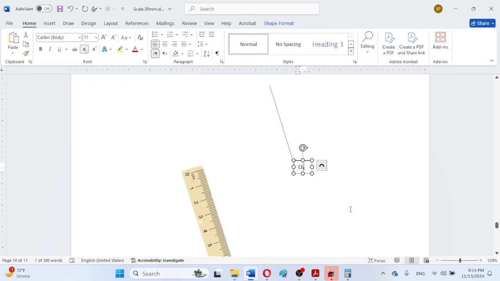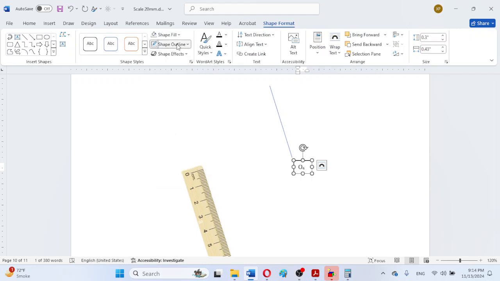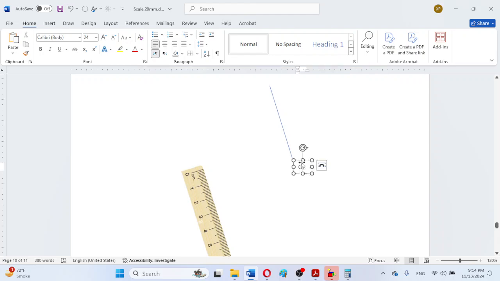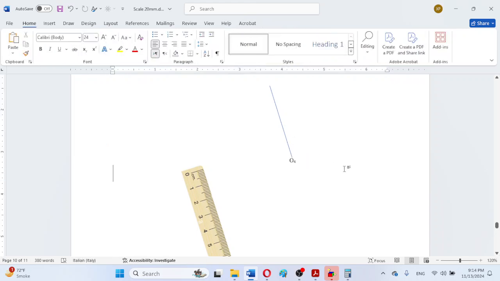So change it into subscript. So again go into shape fill, no fill, and shape outlines to no outlines. So in this way this rocker grounded revolute has been set out.